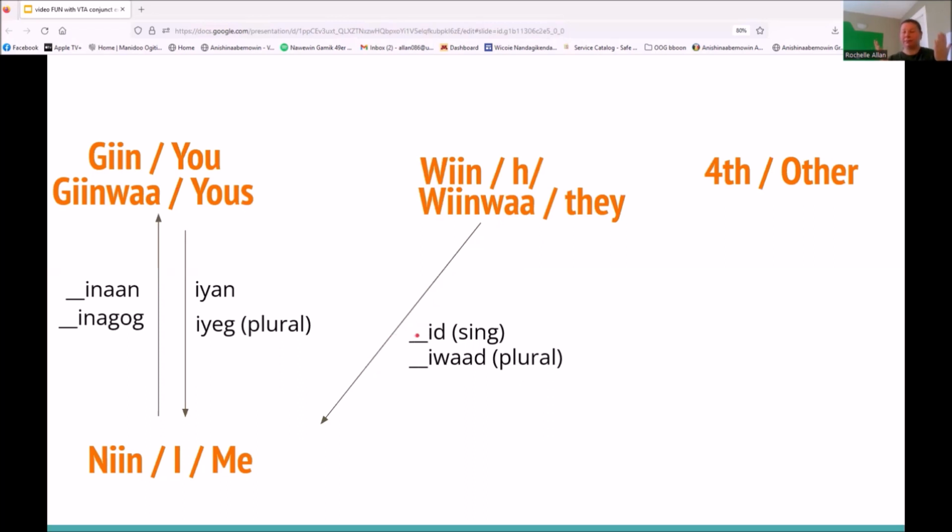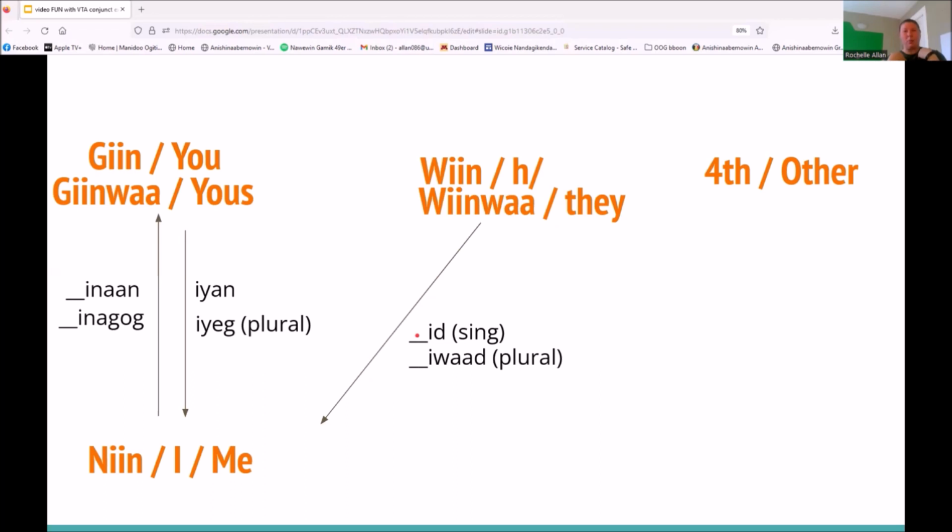And I always love using my hands as a learning aid. So when I give it to you, maybe we should pick a different verb. So maybe I see you. Wabaminan, you see me.